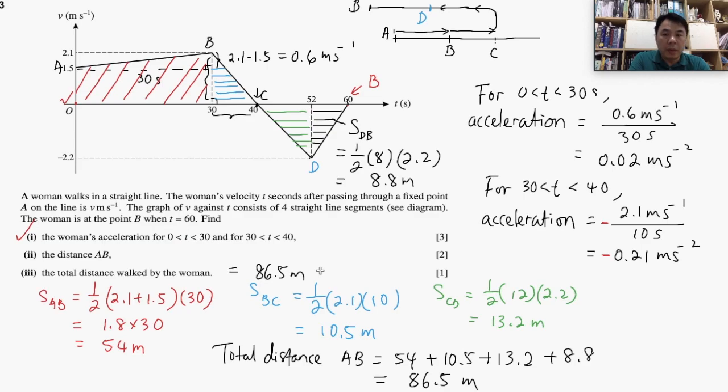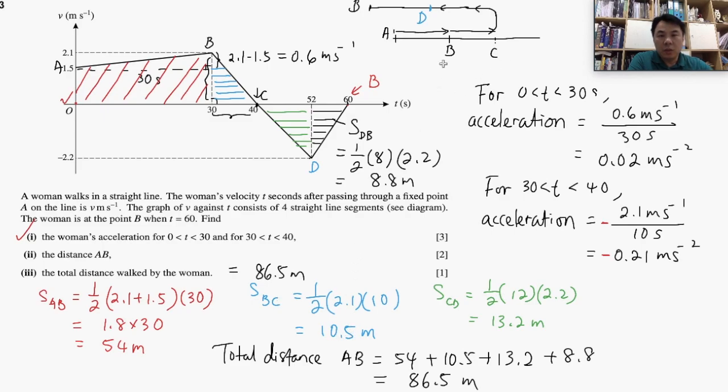Okay, as usual, do drop your comment in case there's any mistake here. All right, so just now, before we go, you can actually check whether B has exceeded A or not. Right now, we can see from A to C, AB is 54, and then BC is 10.5.